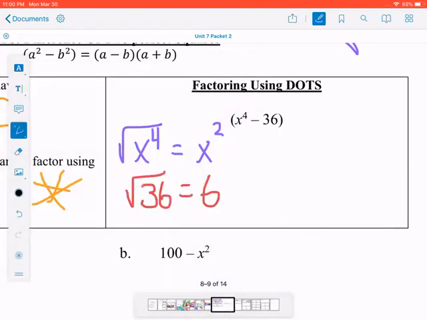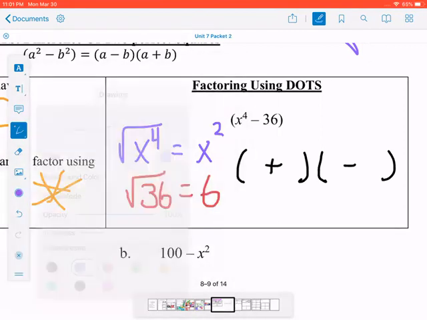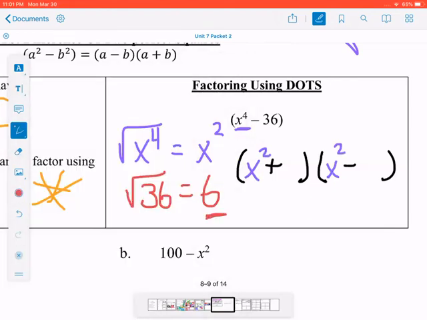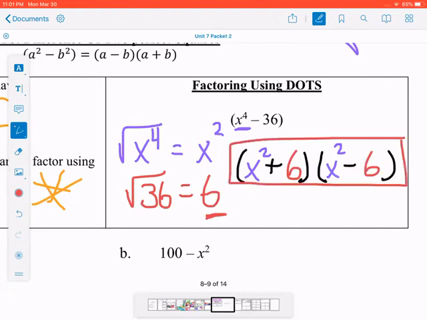Then to write your answer factored, you're going to do two sets of parentheses. One of them gets a plus in the middle, one gets a minus. Okay, because our x to the 4th came first, we're going to put the square root of that in the beginning. So x squared, x squared. Our 36 came second, so that means our 6 is going to go in the back. And that's all you're doing for factoring with DOTS.